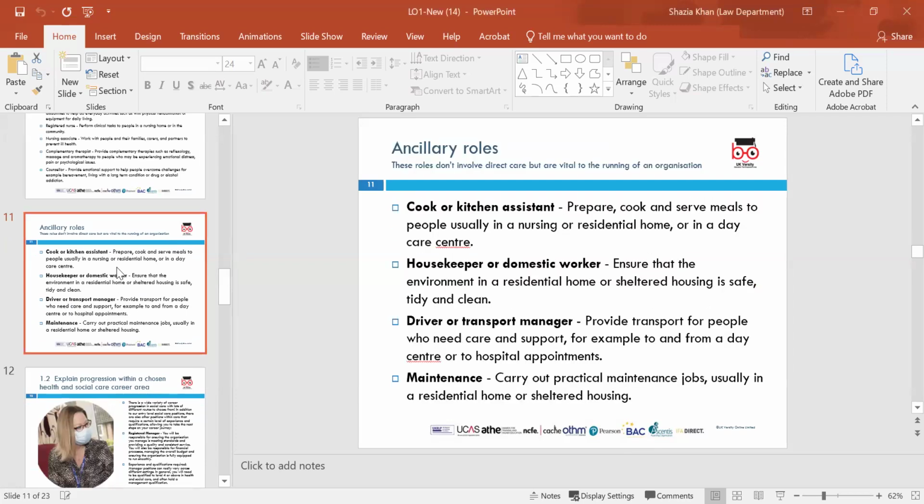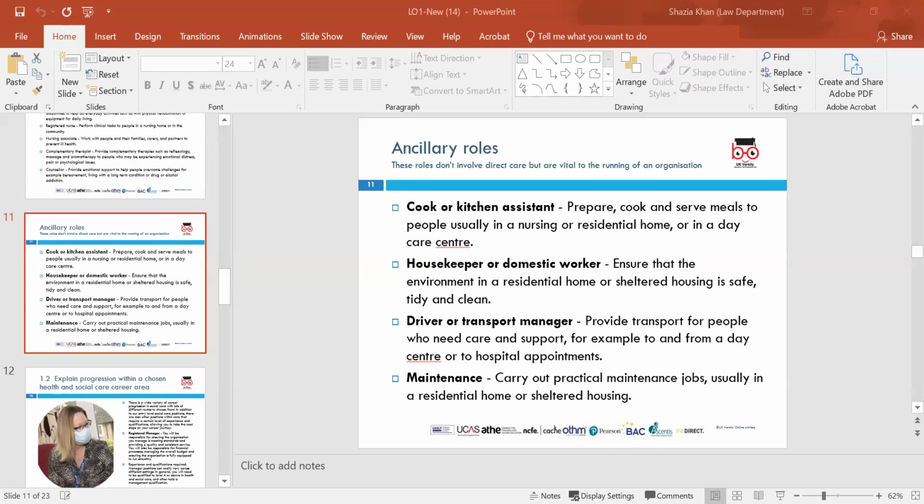And then we've got finally the ancillary roles. Here you've got things like cooks or kitchen assistants who prepare or cook the meals for the individuals. You have housekeeper or domestic worker who are there to ensure that the residential or sheltered house is kept tidy.